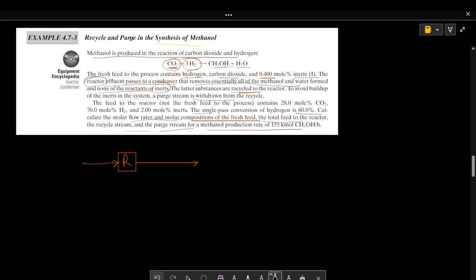Then you see in the question the reactor effluent passes to a condenser, so there must be a condenser. So this is the condenser. It removes essentially all of the methanol and water formed, and none of the reactants or inerts. The latter substances are recycled to the reactor. So this is the product we collect, and some of this is recycled.